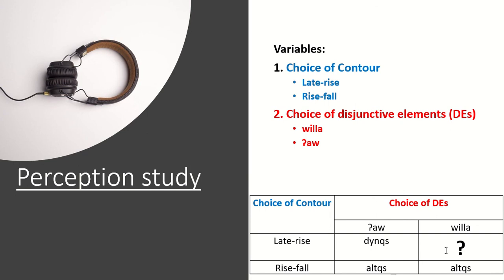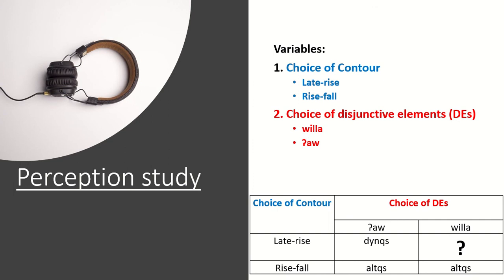So when they hear willa in a perception study, they might choose the alternative choice, but when they hear the rise, they might choose the yes-no interpretation paraphrase. So this might be the mismatch condition. This is also because we had only 3 occurrences of willa in yes-no questions in the DCT.